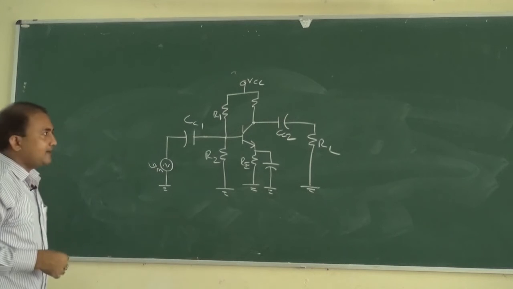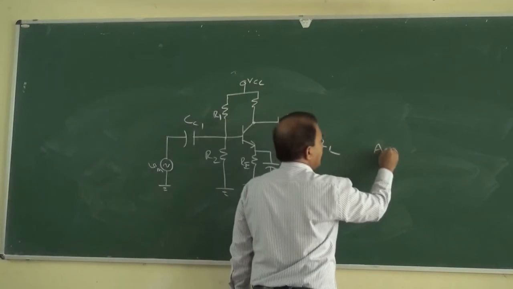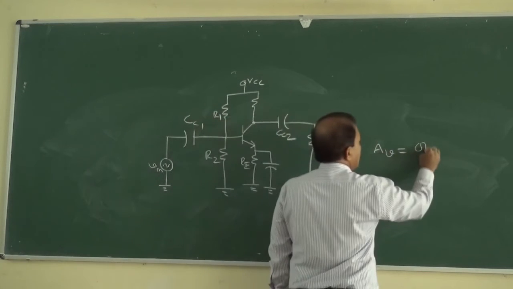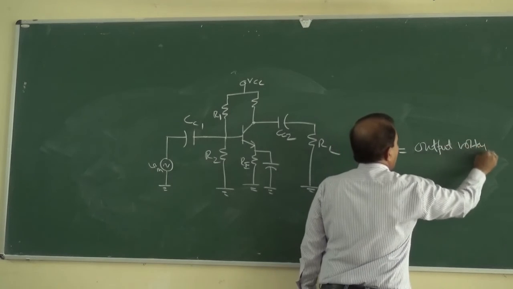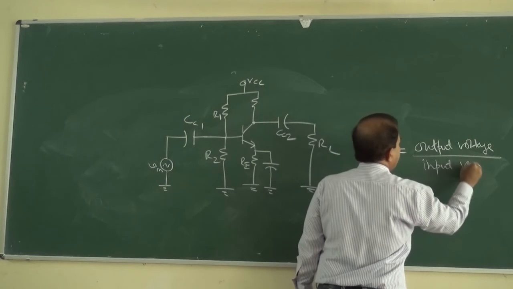So how can we determine the voltage gain? AV is equal to output voltage divided by input voltage.